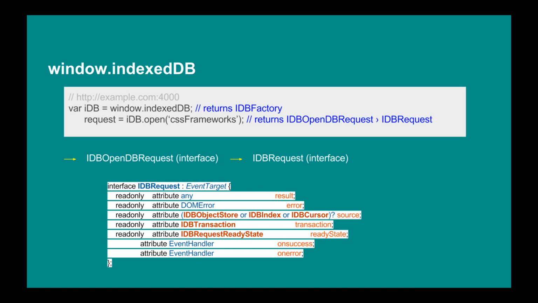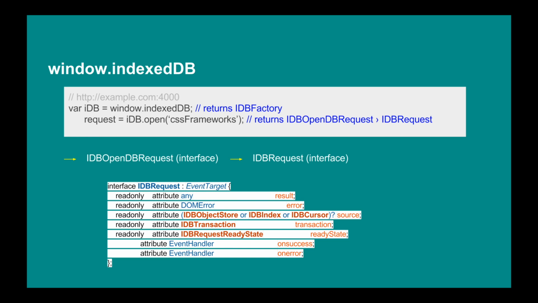At the same time, that is going to implement another interface called IDBRequest. That IDBRequest has a bunch of properties and methods. You can see it over here. All these methods will be sent back to the request object, right? In our case, when I do idb.open CSS frameworks, the request variable which I have would have all these methods and properties in it.